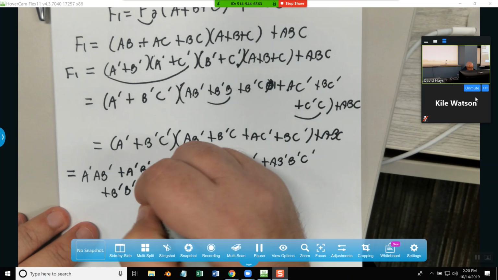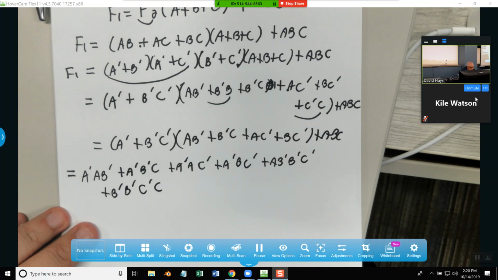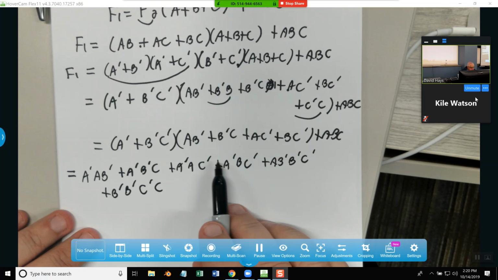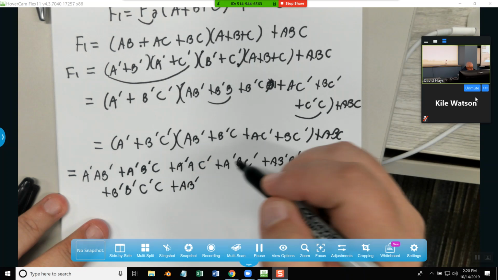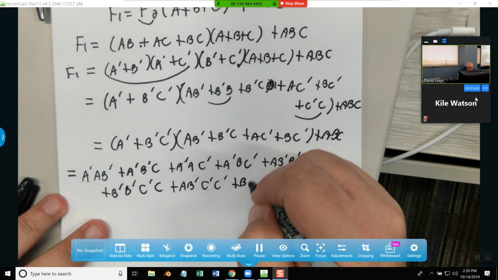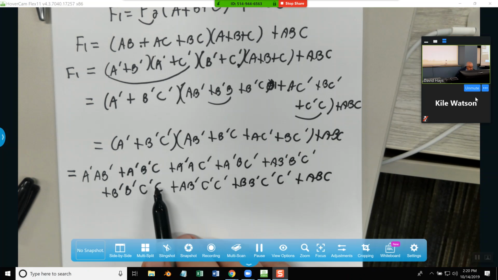Now, this right here has an A prime A in there, and from that one page, it says that gives us 0, page 47. So that's going to drop away. This will drop away. That'll drop away. So we're left with A prime B prime C plus A prime B C prime.